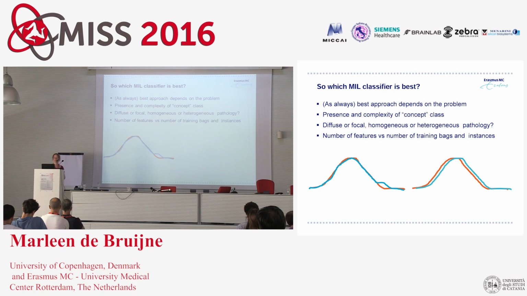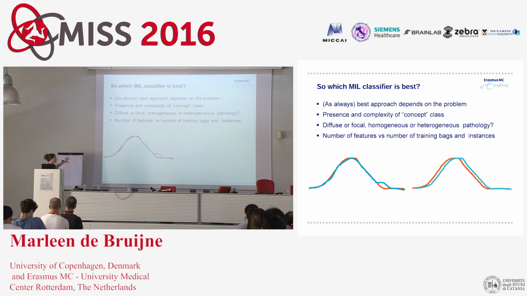It depends on the problem that you have, it depends on the complexity of the data, the amount of training data that you have, but also on whether you expect that there is a specific concept, or perhaps multiple concept regions that really uniquely define positive and negative, or do you expect that it's not that clear, that there may be differences, but you don't really expect this to be localized in the feature space that you have.